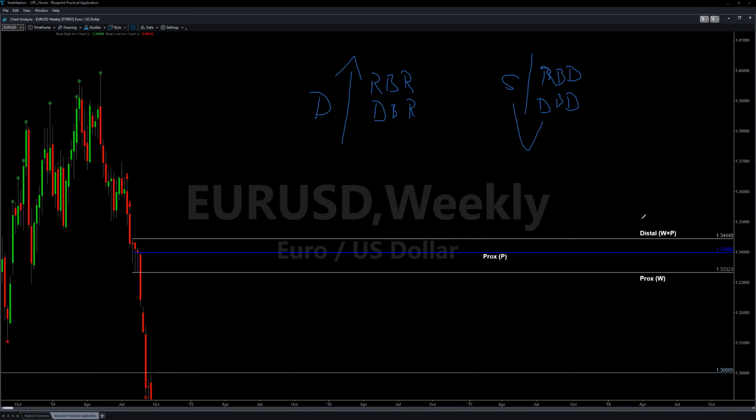Okay, we check the distal line, the proximal line for all of the zones. We check the wider version and the preferred version with the different reasons, right? Profit margin and of course probability to be filled, right? For both zones.